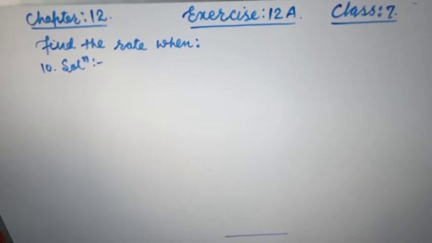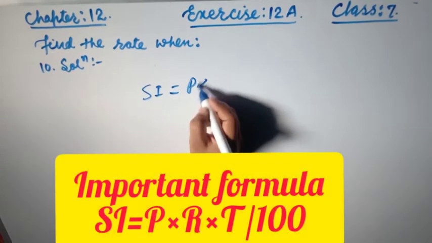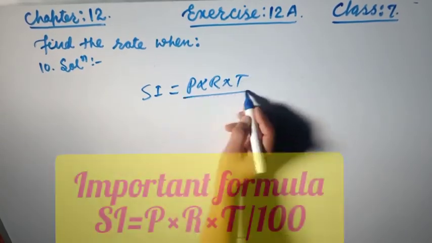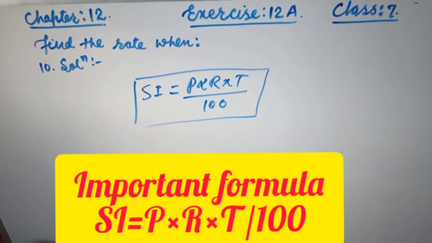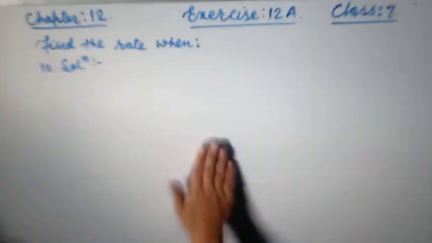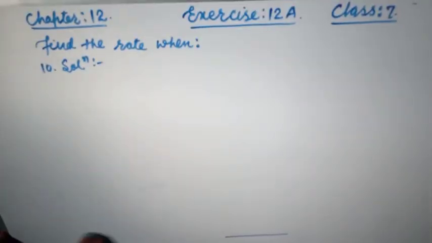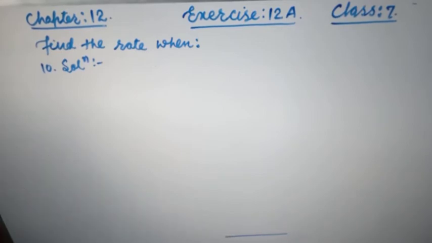We had discussed and applied the same formula so far: SI is equal to PRT divided by 100. There is no other new formula for solving questions. So we move to the next question onwards from question number 10.